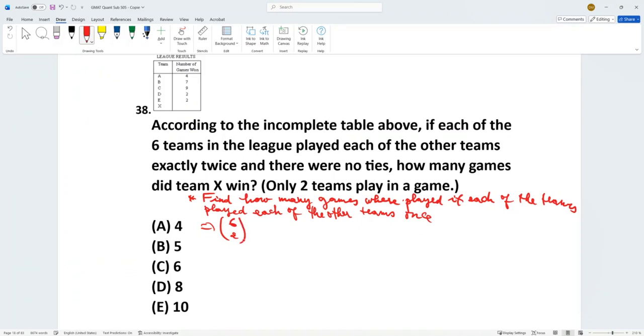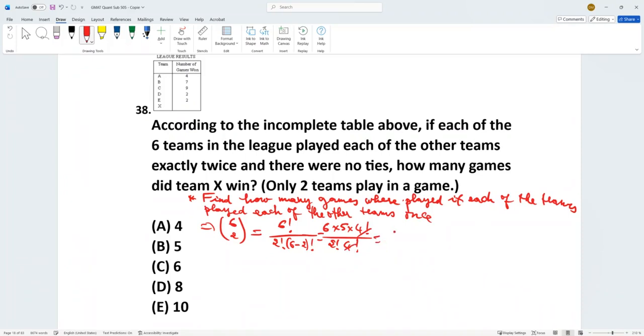We have 6 teams and only 2 teams play in a game. So out of the 6 teams, how many possible games can we have? That will give us 6 factorial over 2 factorial times (6 minus 2) factorial, which is 6 times 5 times 4 factorial over 2 factorial times 4 factorial.